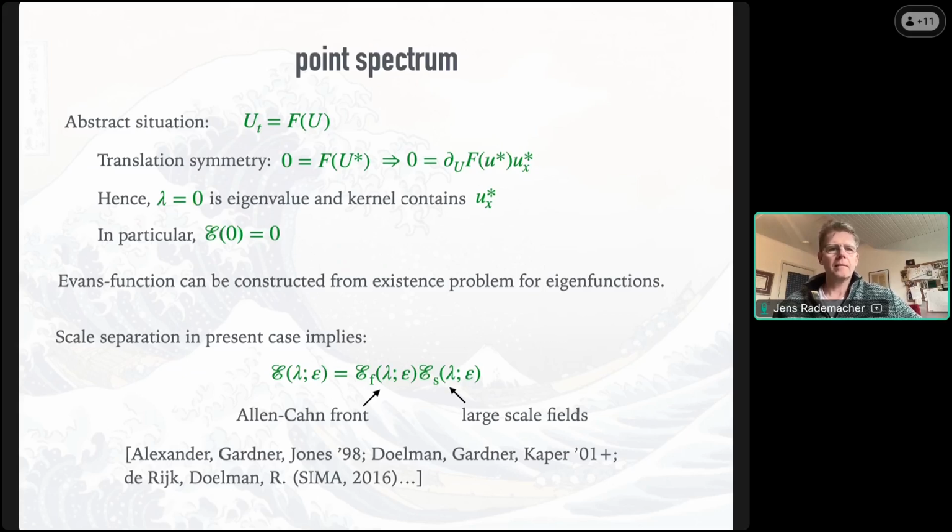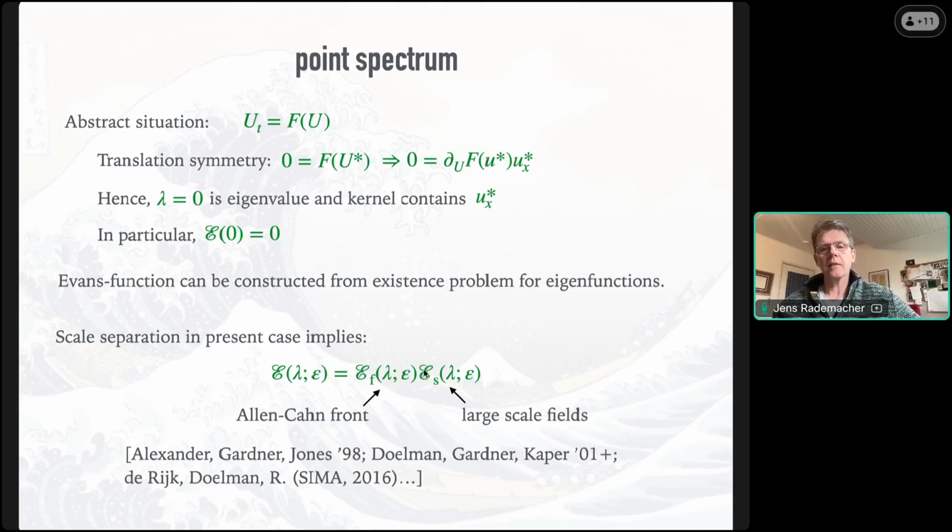As I said, I don't really want to go into too much detail, but one thing I want to point out here is that in this singularly perturbed context, or the scale-separated context, there's a special structure appearing because the Evans function can be written as a product of two terms. One term, the so-called fast Evans function, comes from the Allen-Cahn front in this case. And the Allen-Cahn front is stable, so this part does not contribute to critical eigenvalues, except for the 0 eigenvalue, which is always there because of translation symmetry.